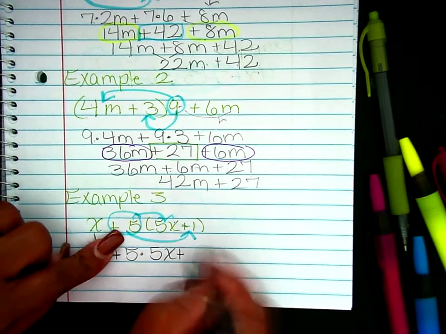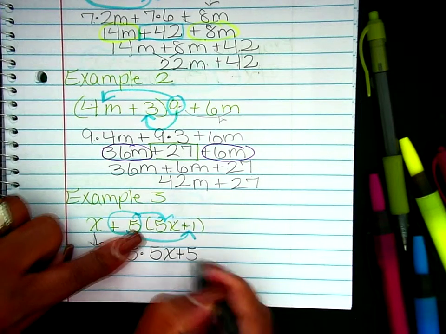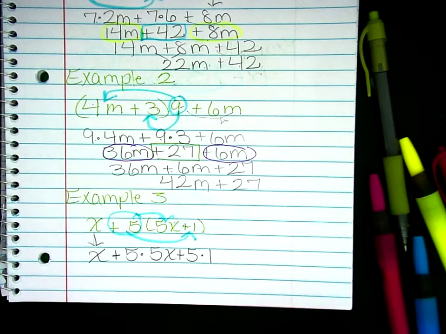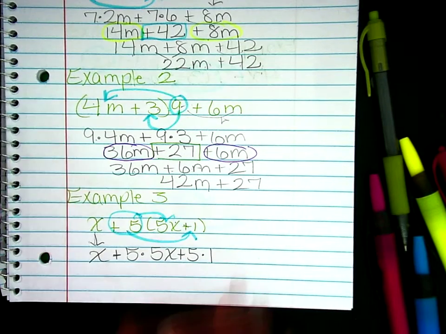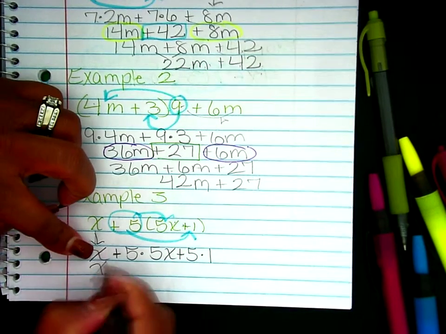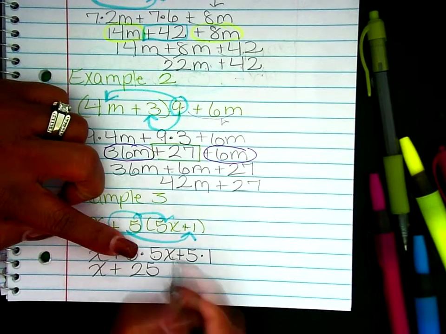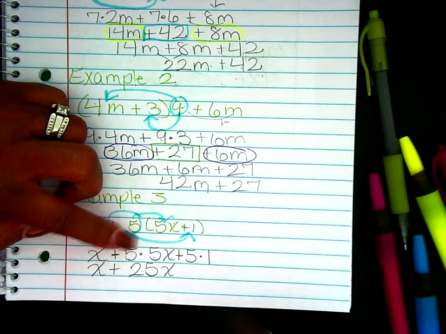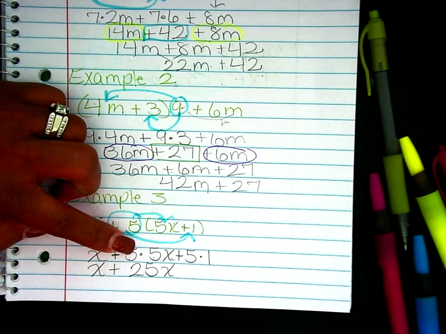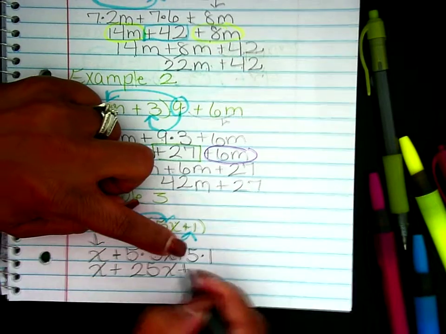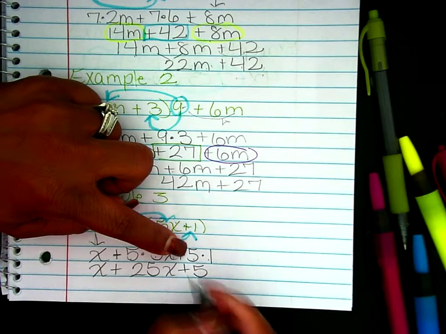Both of those are plus. So it's going to be plus 5 times 1. Do your multiplication. So you have here x plus 5 times 5, which is 25. You have to affix that variable x because it's 5 sets of 5x. Okay? Plus 5 times 1 is 5.